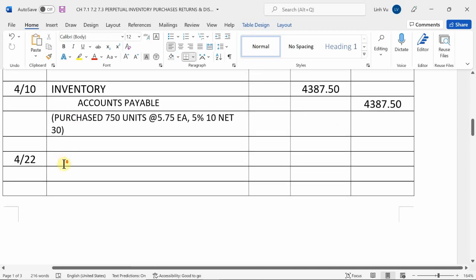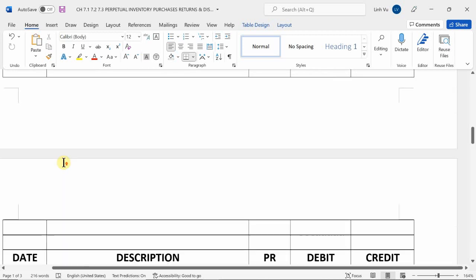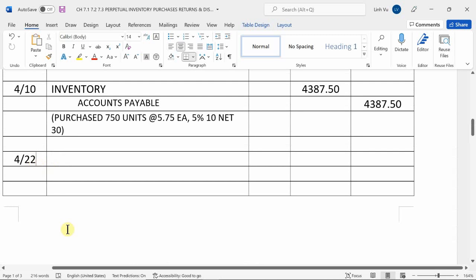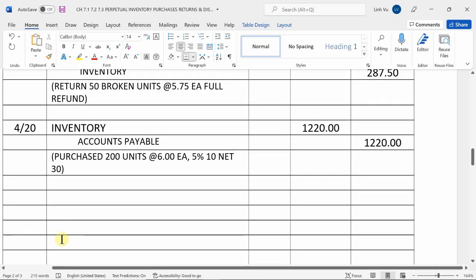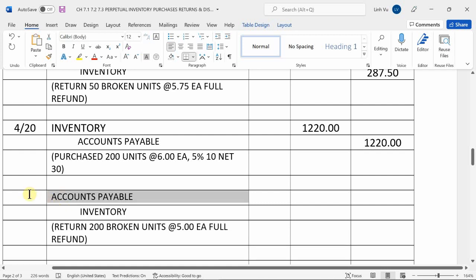Accounts payable would be debited $120, because that's 20% of 25 times 6. And then you credit inventory that same 120.